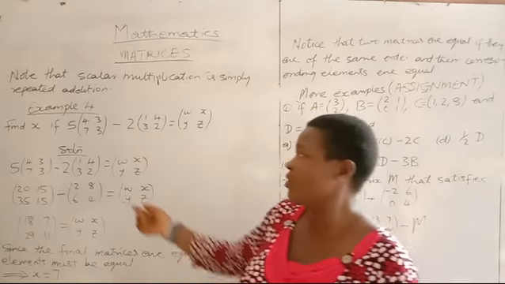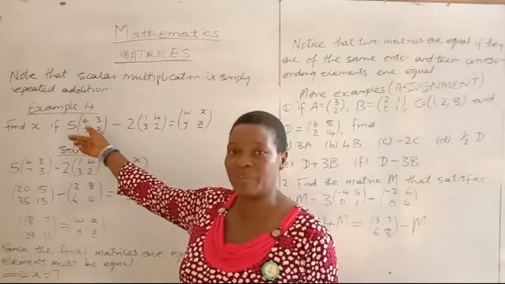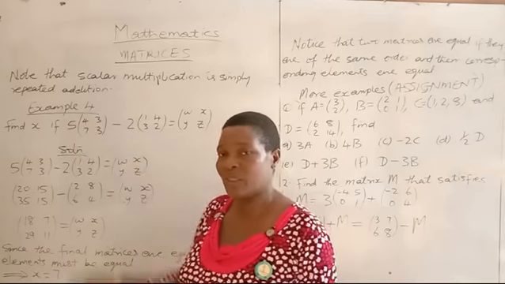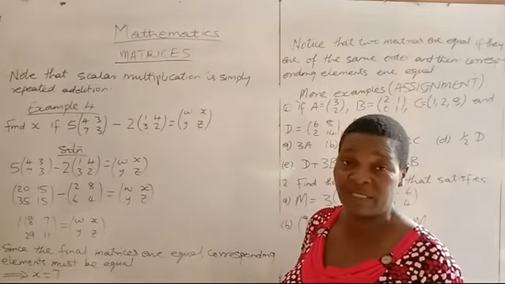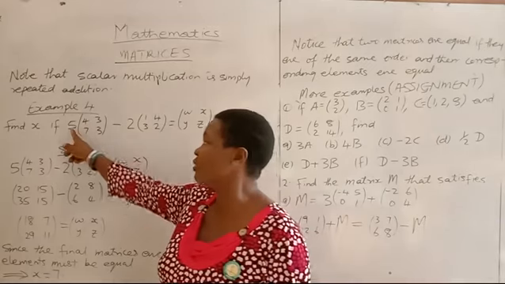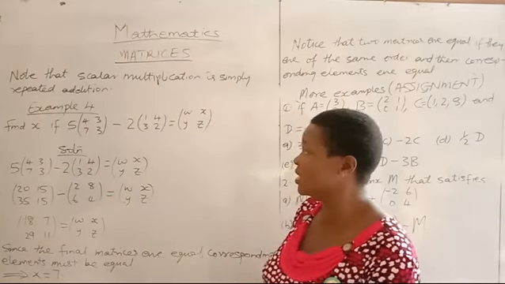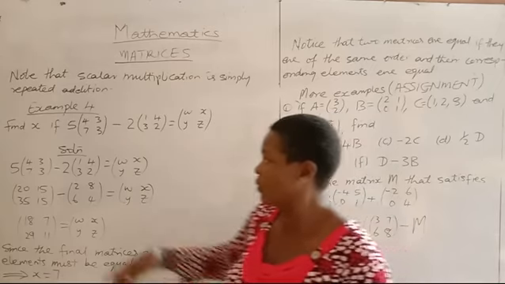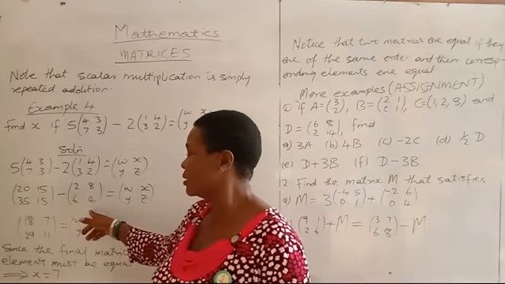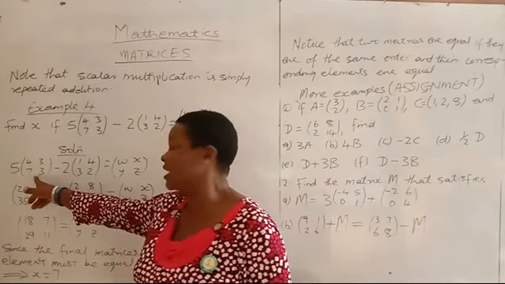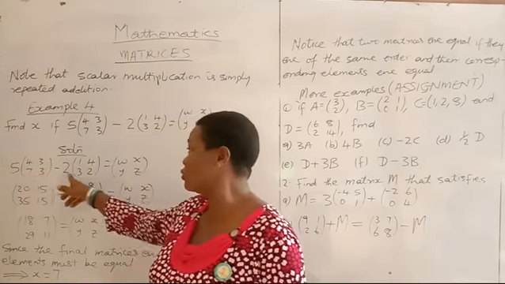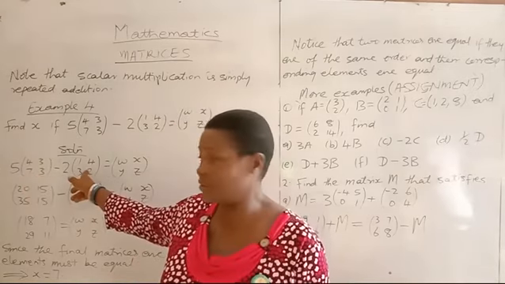First, you have to get the scalar multiplication of the matrices. Expand this with 5, expand this with 2, which will give this. This is 5 to multiply each element in this matrix, and 2 multiplies each element in this matrix.